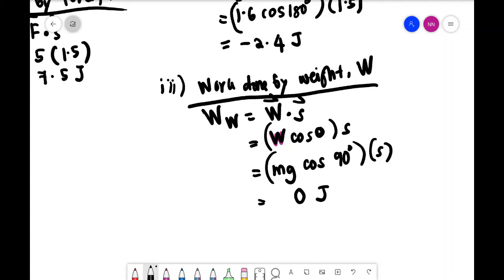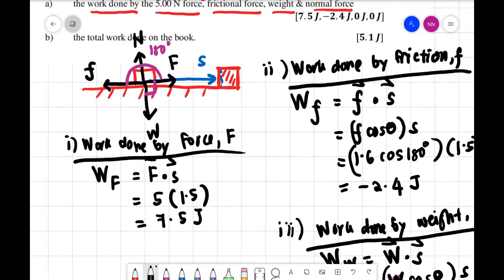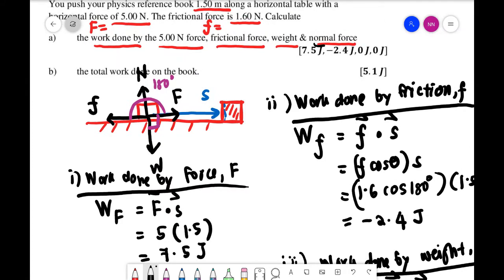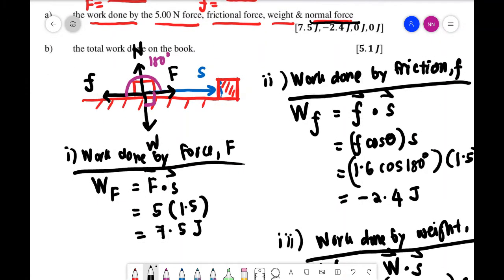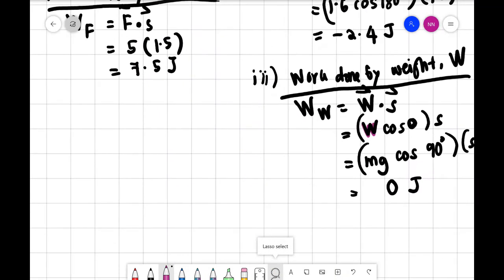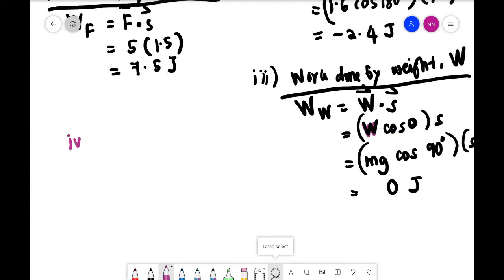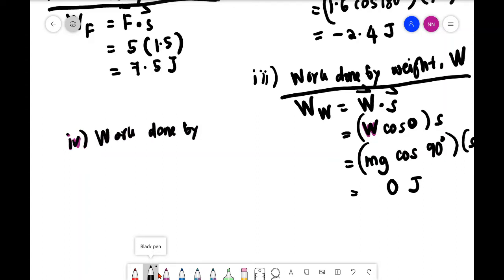And then last is work done by the normal force. The angle between the normal force and the displacement is also 90 degrees.